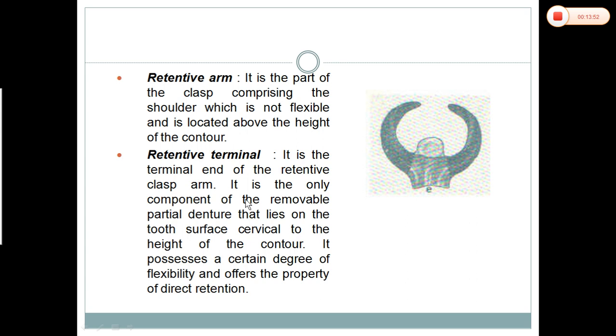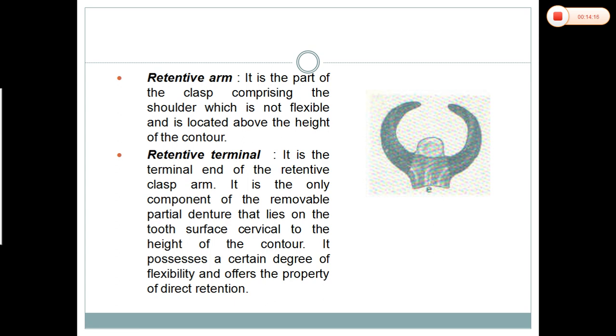It is the only component of the removable partial denture that lies on the tooth cervical to the height of contour. In the entire clasp assembly, only the retentive clasp terminal, or the retentive arm tip, lies below the height of contour, in the undercut area, also known as the infrabulge area.